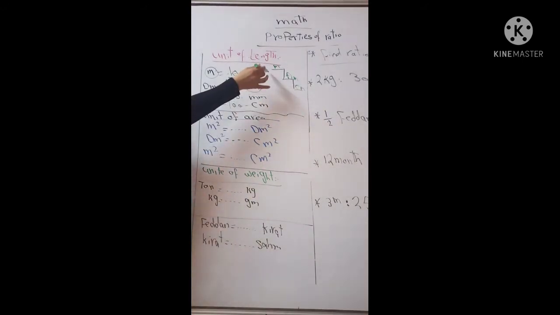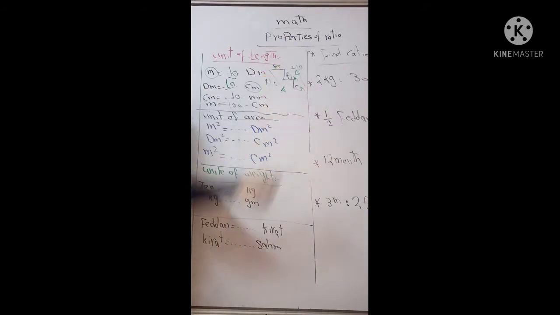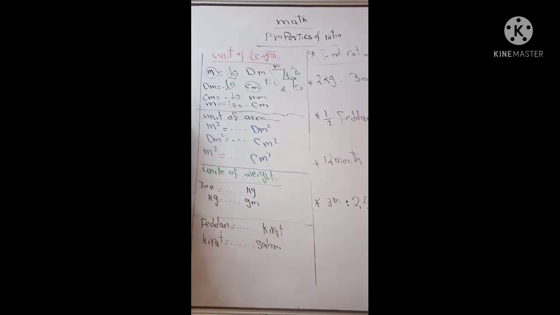To convert from a big unit to a small unit we use times, and to convert from a small unit to a big unit we use divided, as we need. Okay? Units of area: area equals unit of length, but we times it by itself.